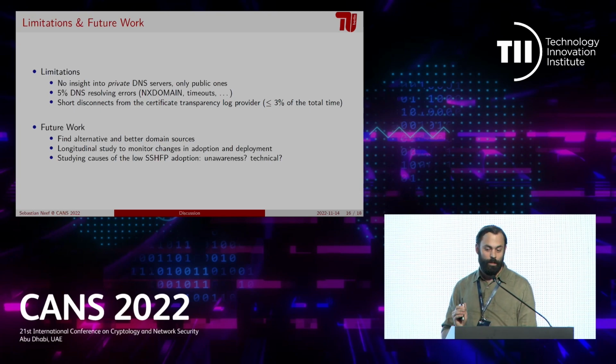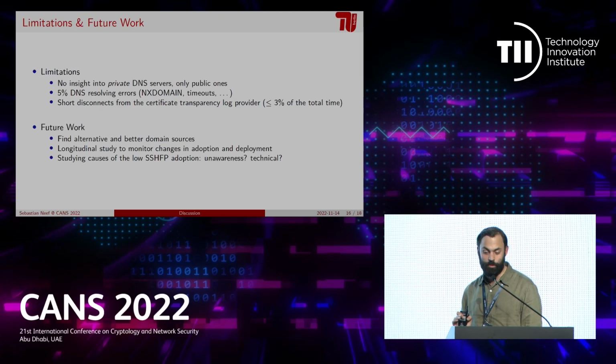Another limitation that we faced was a large amount of resolving errors, amounting to up to 5% of our queries. They were answered with NX domains or with timeouts, and we attribute that to some scanning instability or maybe authoritative name servers that are misconfigured.